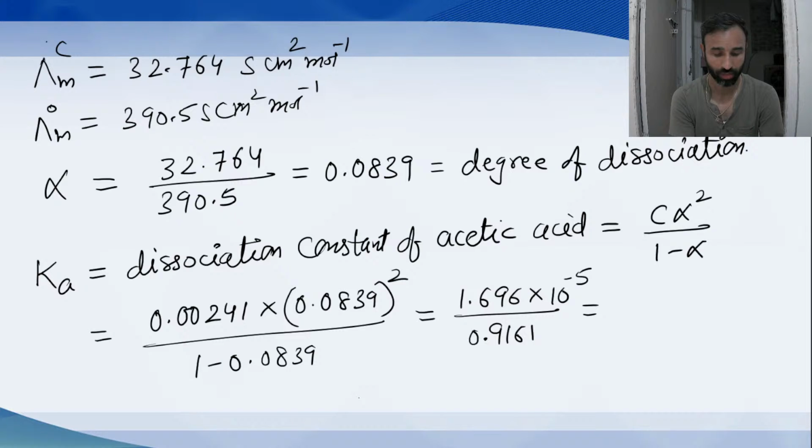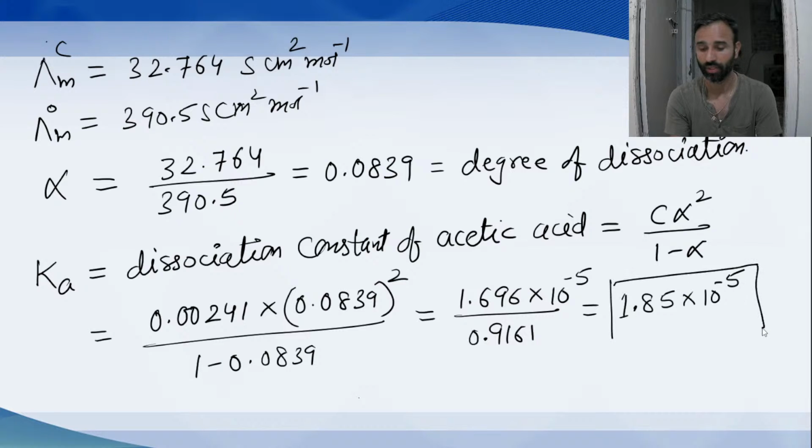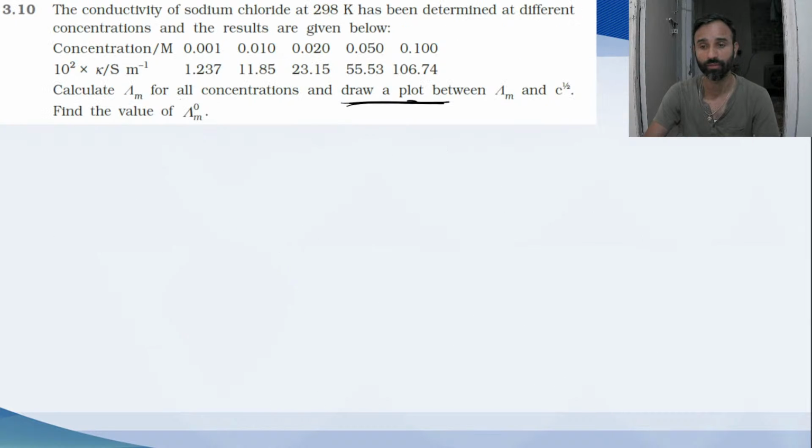So 1.696 divided by 0.9161 is 1.85 into 10 raised to power minus 5. So this is the dissociation constant of acetic acid. Got it? So this is question number 3.11.